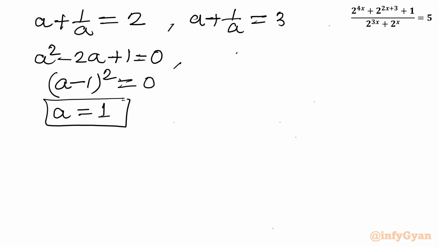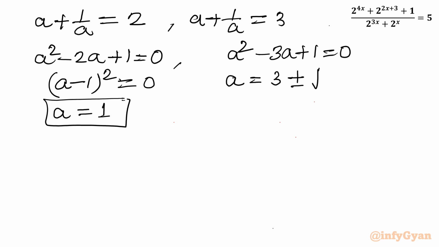And from this equation I will be writing a square minus 3a plus 1 equal to 0, multiplying both sides by a. Then I will apply the quadratic formula, minus b. So 3 plus minus under the root b square, so 9 minus 4ac, so 4 over 2a.